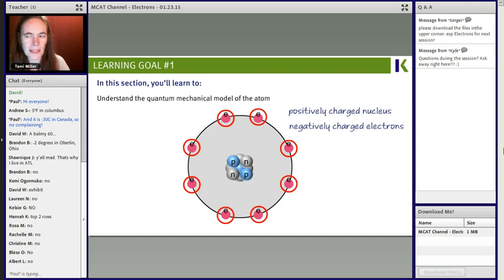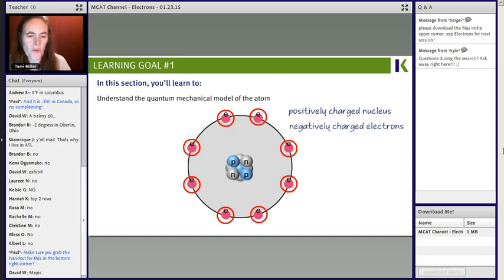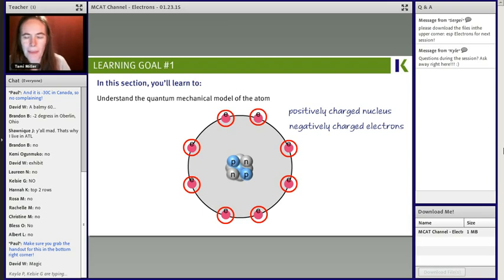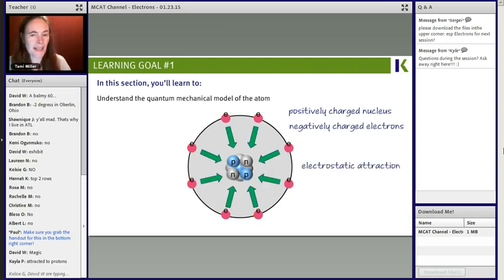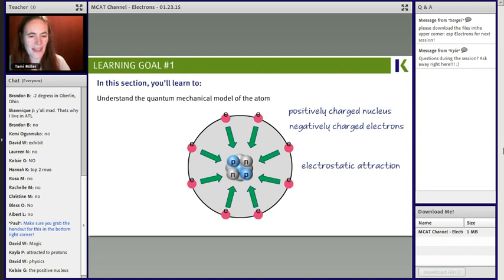Why don't they just go flying away? It's magic. Absolutely, David. It is the magic of electrostatic attraction. Those opposite charges attract. This is the magic of physics. Absolutely. So remember that these electrons are always rotating around that nucleus.